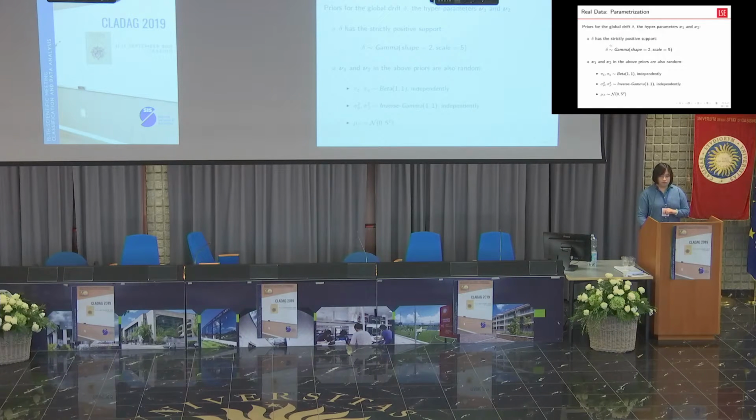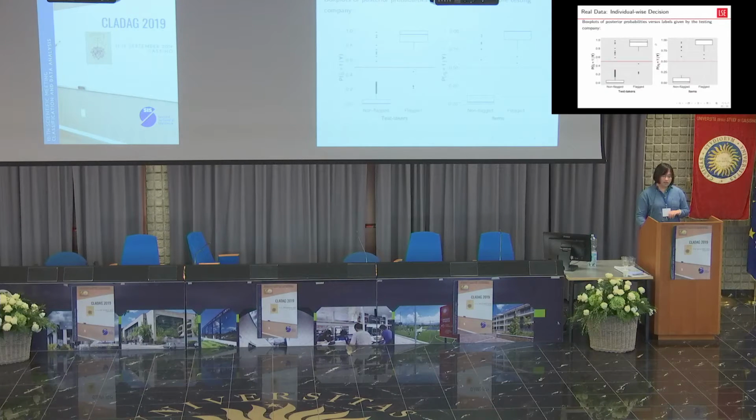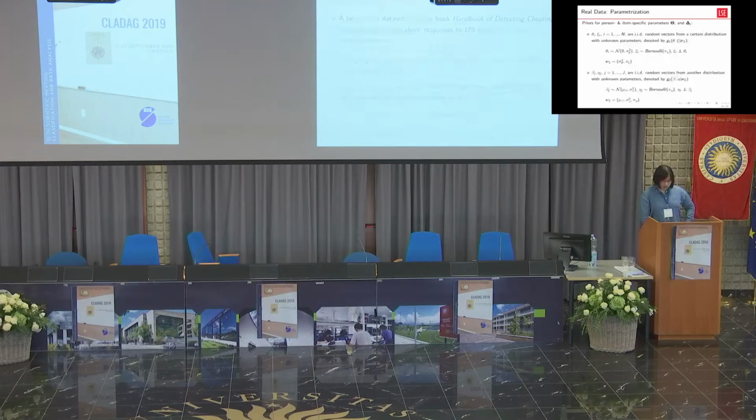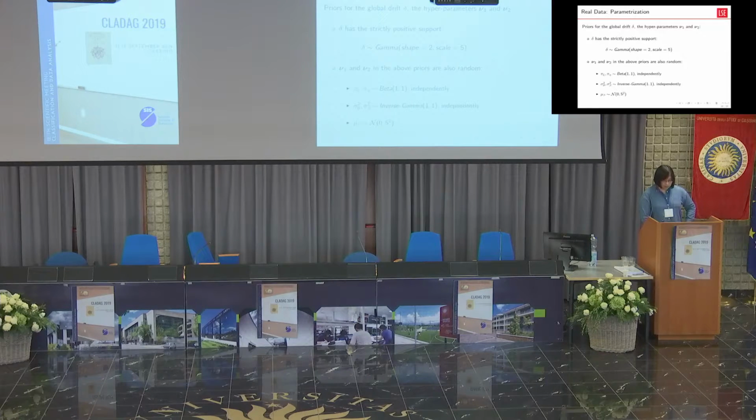The delta, the drift, is a global parameter. Delta could be item-specific or person-specific. But in this data set, because the proportion of cheaters is quite small, we worry that if we let delta be item-specific, it will be very difficult to achieve convergence, because only a small number of people can provide that information.